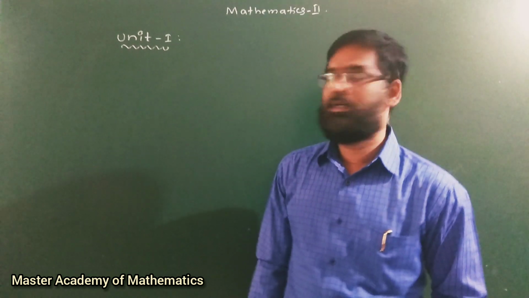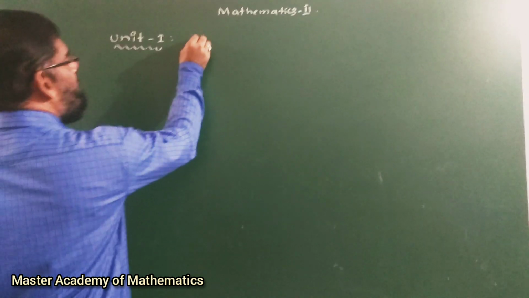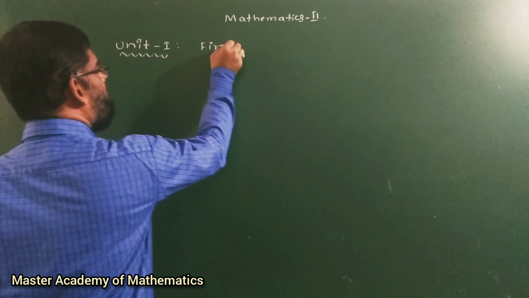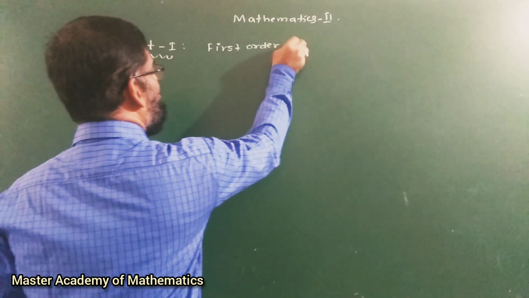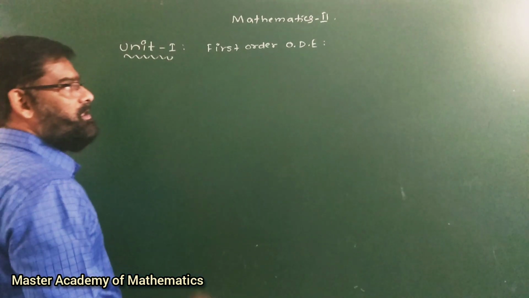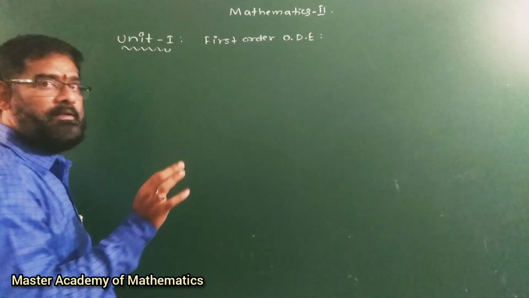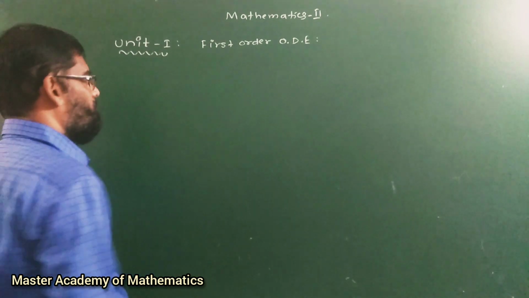So I am taking up unit number 1. The title of the first unit is first order ordinary differential equations. I will give you the topics where you can expect problems in the final semester examination.